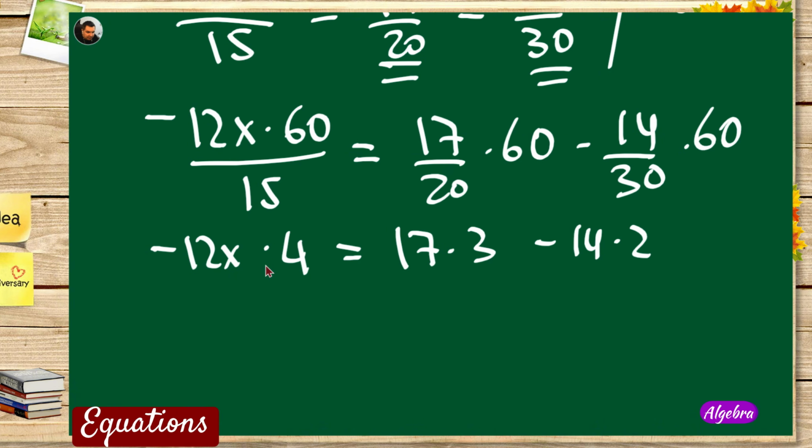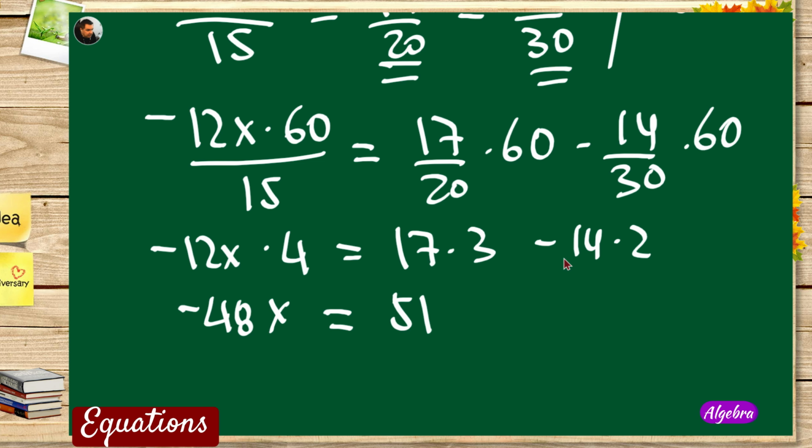Minus 12x multiplied by 4 is going to be what? Minus 48x, right? 17 multiplied by 3 is going to be what? 3 by 10 is 30. 3 by 7 is going to be 21. So 30 plus 21 is going to be 51.